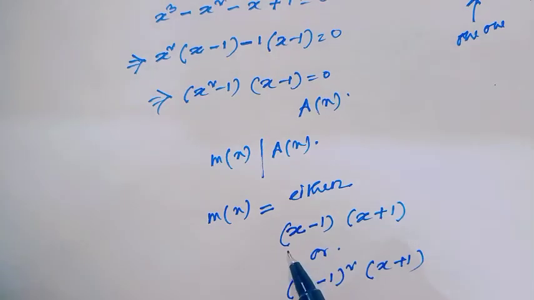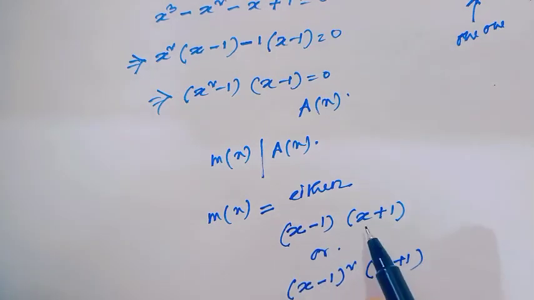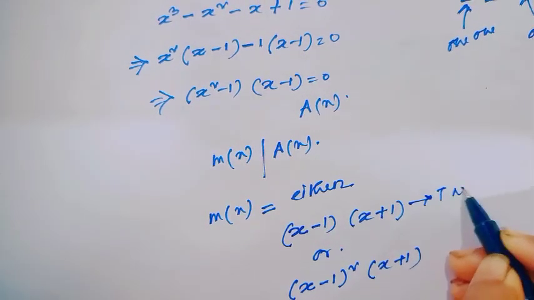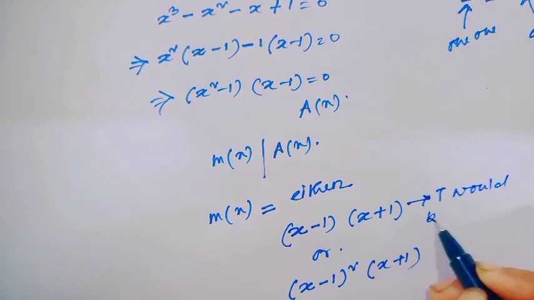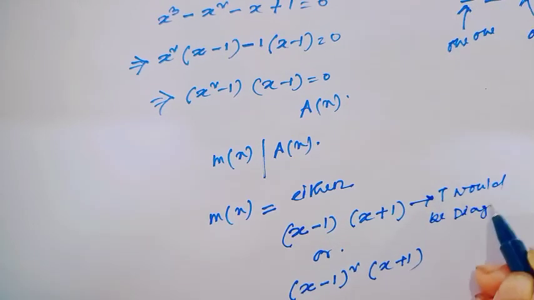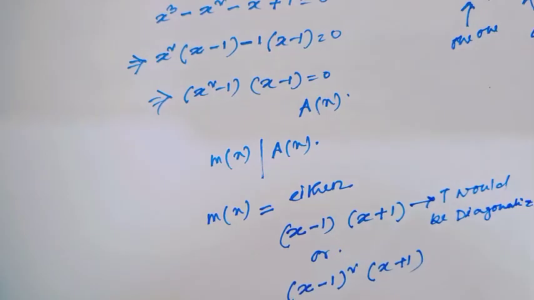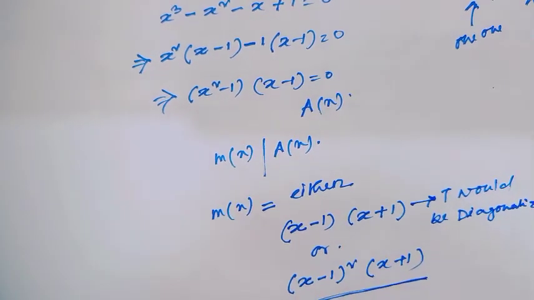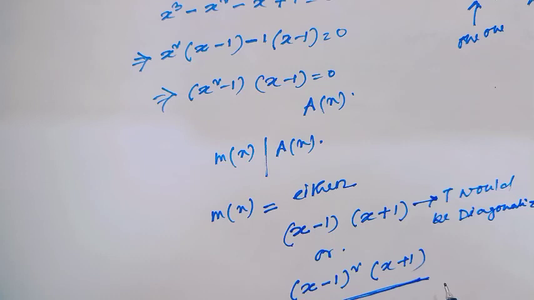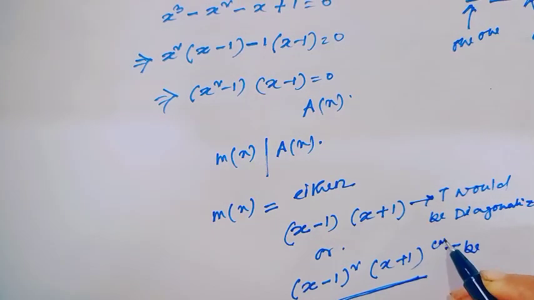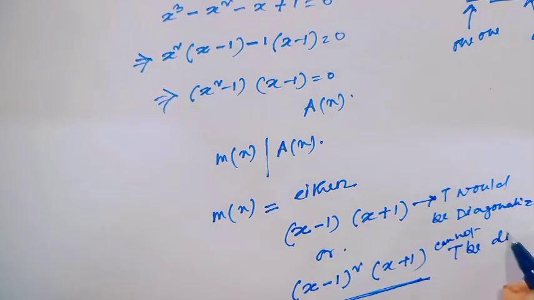When the minimal polynomial is x minus 1 times x plus 1, then T would be diagonalizable. And when the minimal polynomial is the other one, then we cannot say T is diagonalizable.